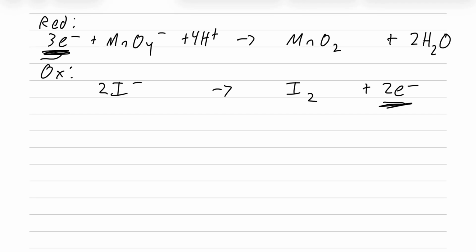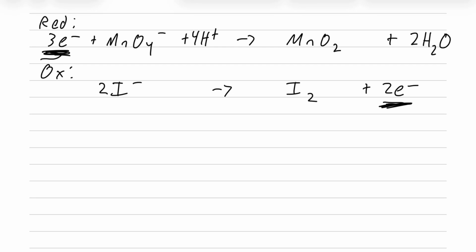Okay, if you have this kind of scenario, you always find the least common multiple for your number of electrons on your oxidation and reduction halves, okay? So the least common multiple is just the smallest whole number that both of your numbers can go into, right? Evenly, let's say. Bit of a refresher there. So the least common multiple of 2 and 3 is 6, right?